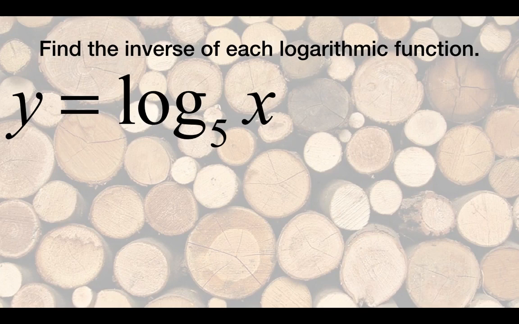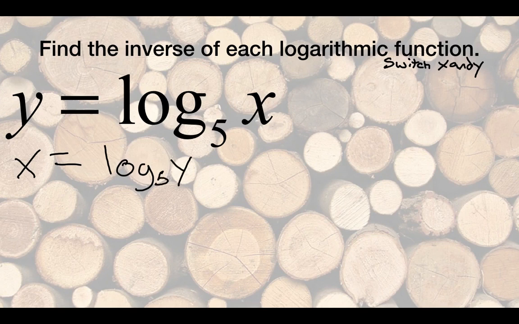All right, now let's find the inverse of each logarithmic function. To find the inverse, what we have to remember is, in the inverse, we switch x and y. So this becomes x equals log base 5 of y.